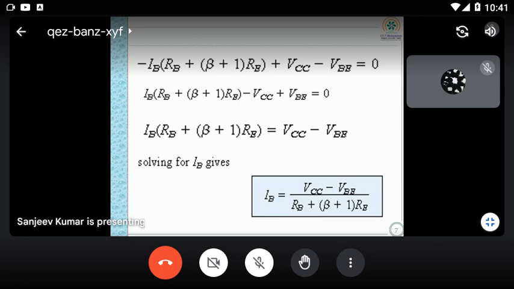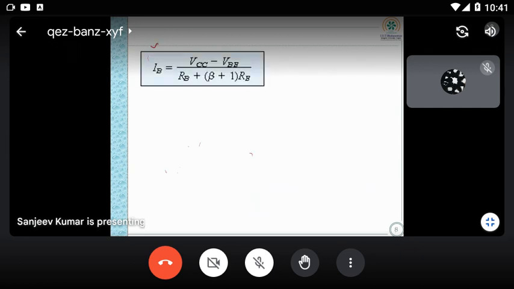Now once you got the IB value, the next step is to find the output current IC. IC is equal to beta IB, where IB is VCC minus VB divided by RB plus (beta plus 1) RE.